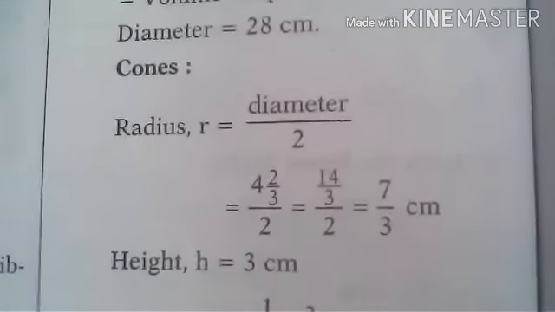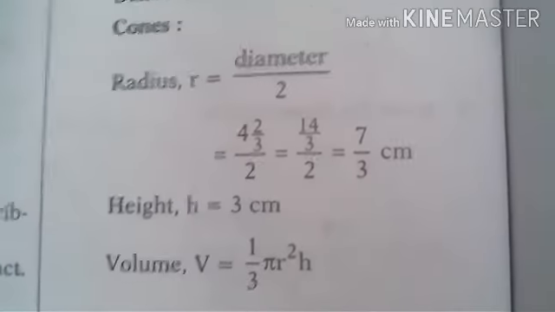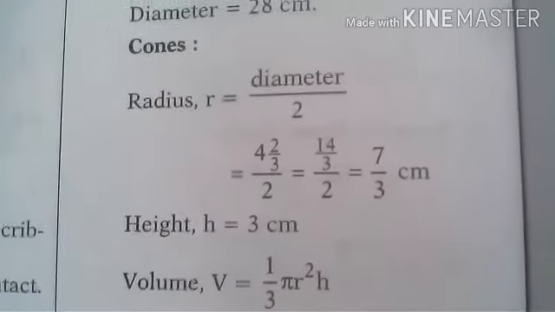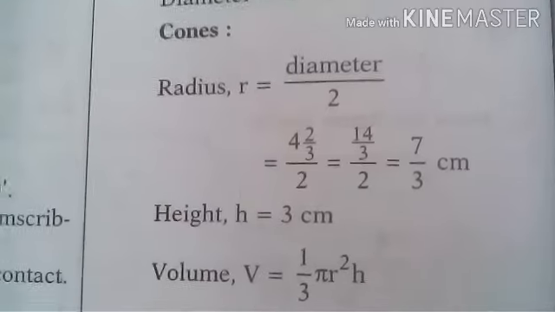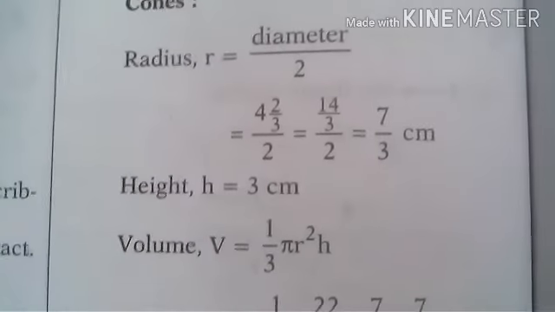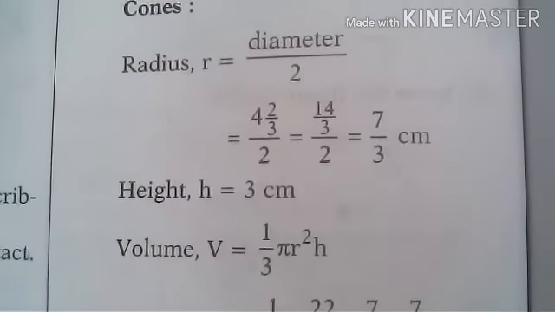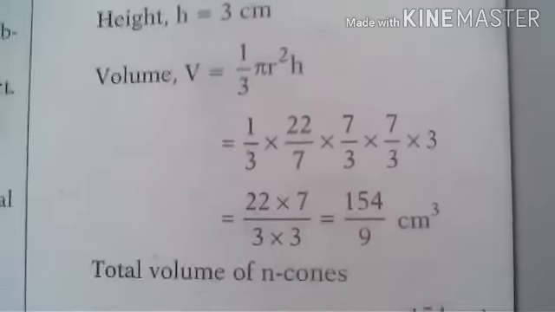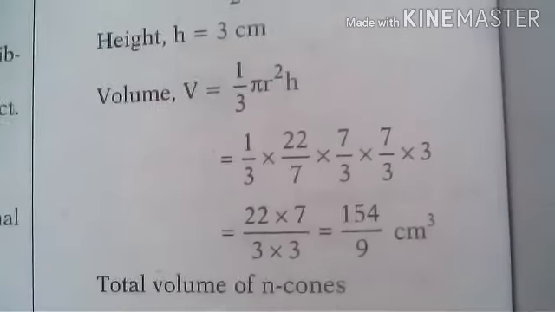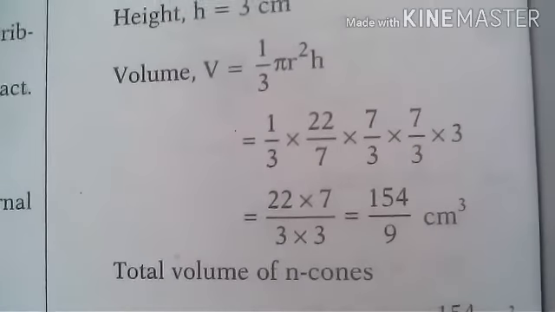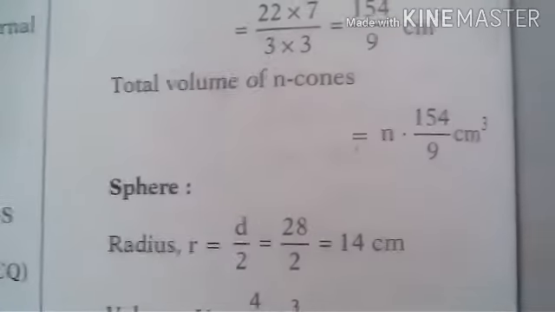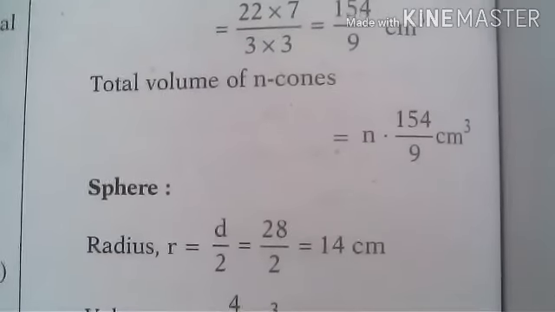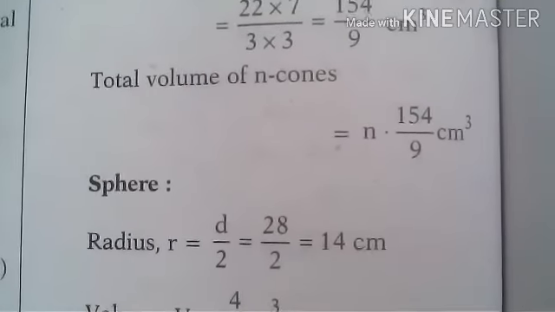Now calculating the volume of cone. R is equal to 7 by 3 centimeters. H is equal to 3 centimeters. After substituting, we will get 154 by 9 centimeter cube. So total volume of n cones is equal to n into 154 by 9 centimeter cube.